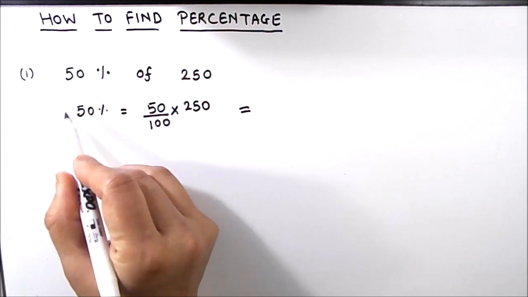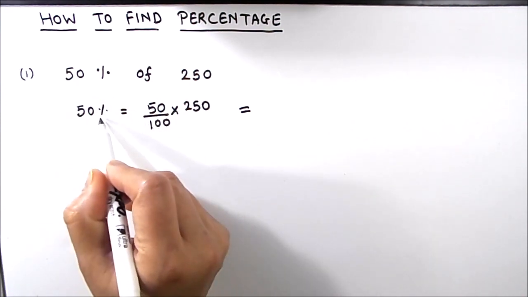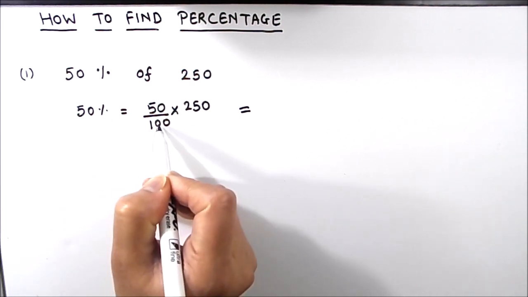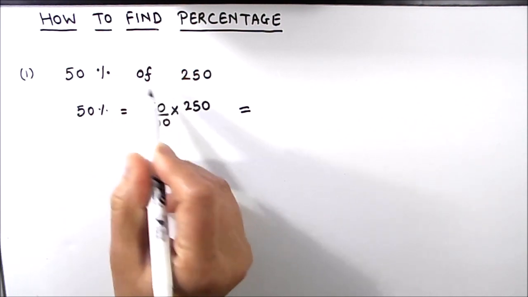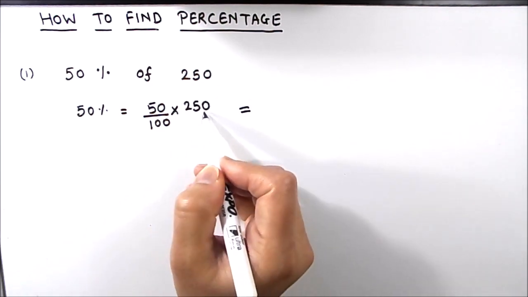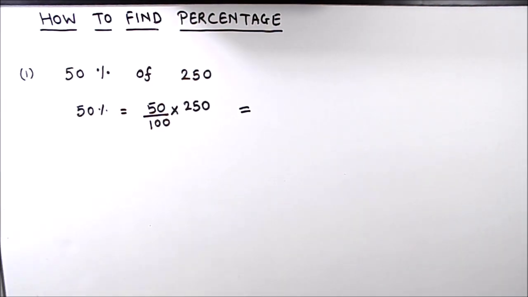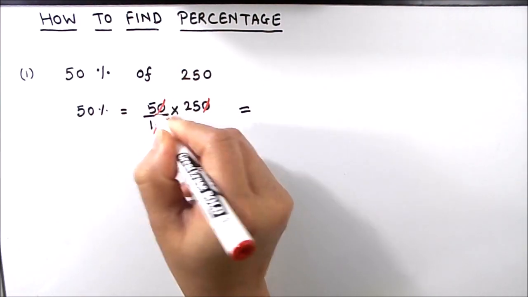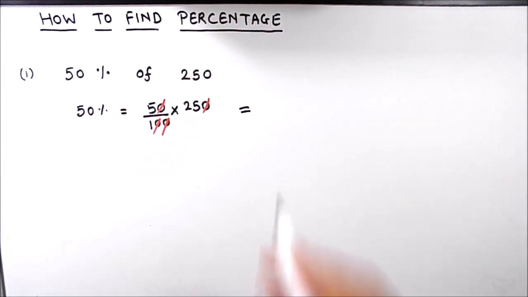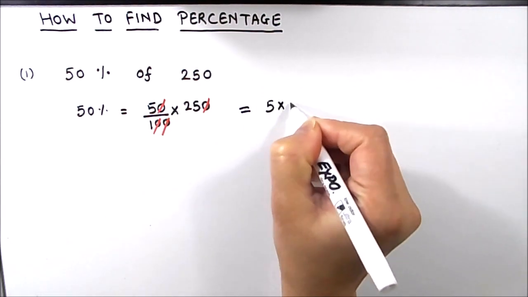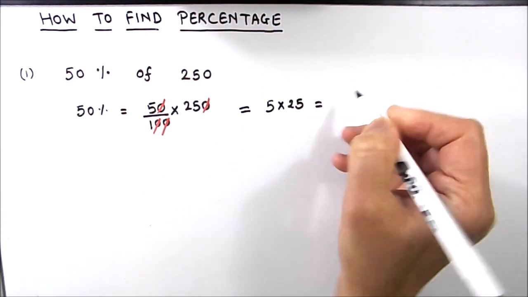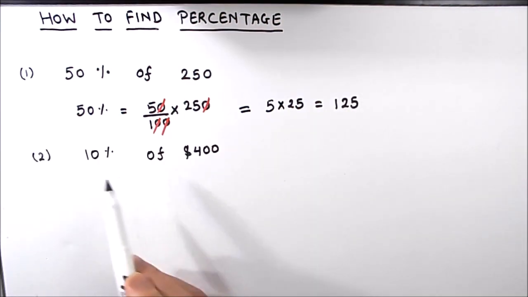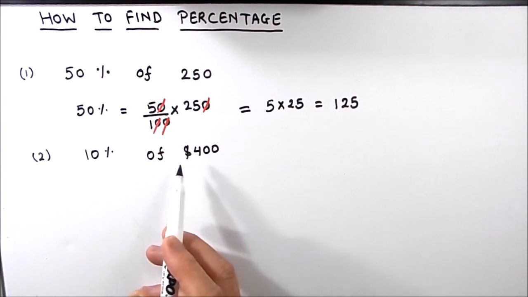We just converted 50% into a number by removing the percentage sign and dividing by 100, and then of 250 means multiply by 250. Now we can easily solve this. These two zeros get cancelled with the zeros above, and we are left with 5 times 25, which is equal to 125.